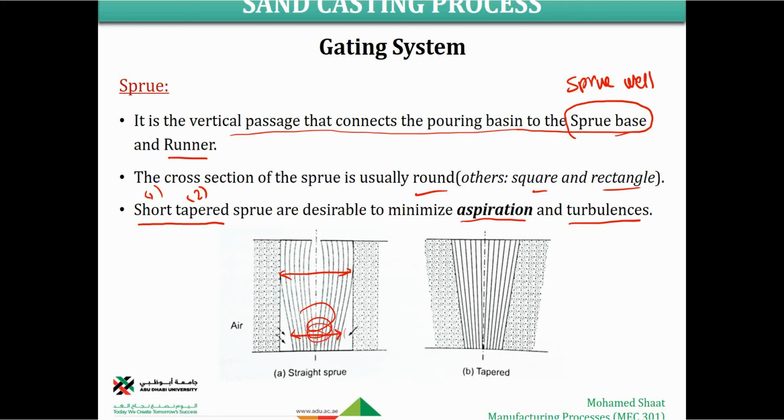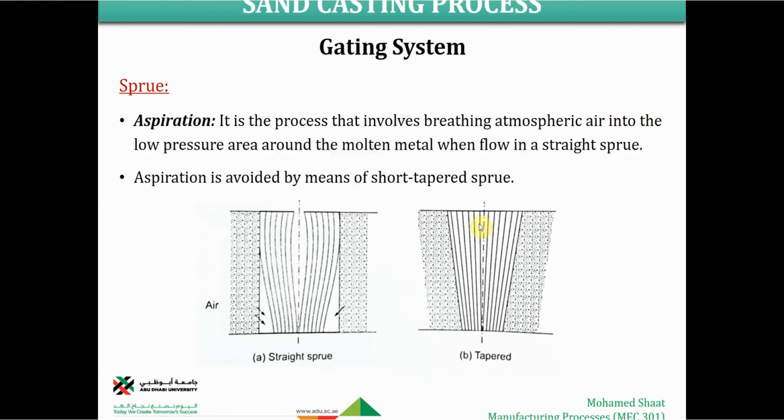And the twisting or vortex rotation, movement or flow of this liquid means that we do have a turbulent flow, and this is going to bring more air by default to fill into the mold cavity. So these are some essential requirements of the down sprue, that it should be short and tapered to avoid aspiration and the turbulent flow while we are pouring into the mold cavity.